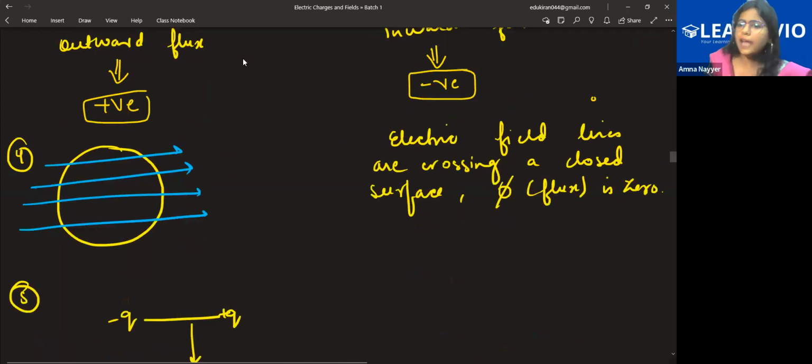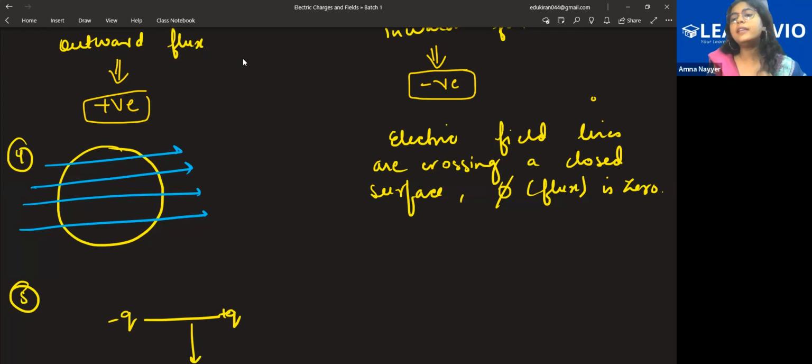If an electric field line is just crossing the surface, suppose I have this surface with me, and this is the electric field line. Instead of going inside it like this, it is just crossing it like this. So what will happen?